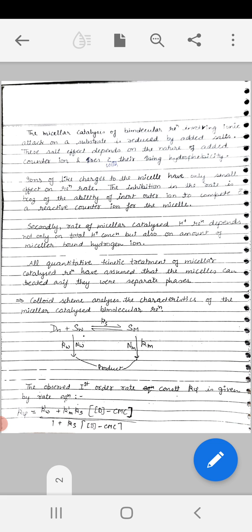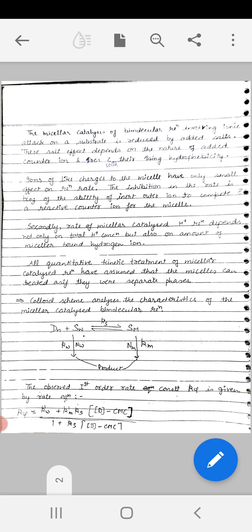The inhibition in the rate is because of the ability of the inert counter ion to compete with a reactive counter ion for the micelle. Secondly, the rate of micellar catalyzed H-ion reaction depends not only on the total H-ion concentration but also on the amount of micellar bound hydrogen ions.